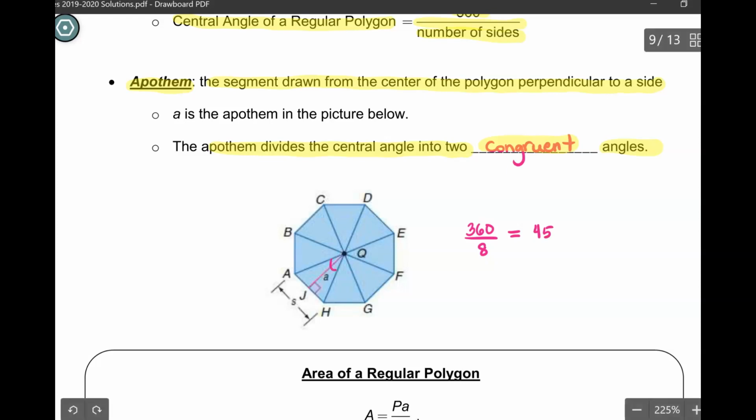So that's that angle. Notice the apothem is going to split that in half. So that's going to make this 22.5 and the other angle 22.5.